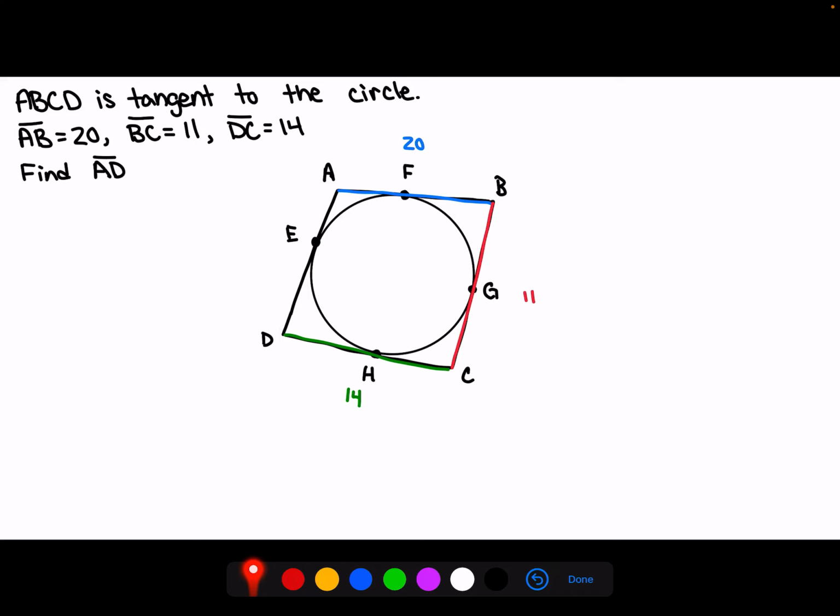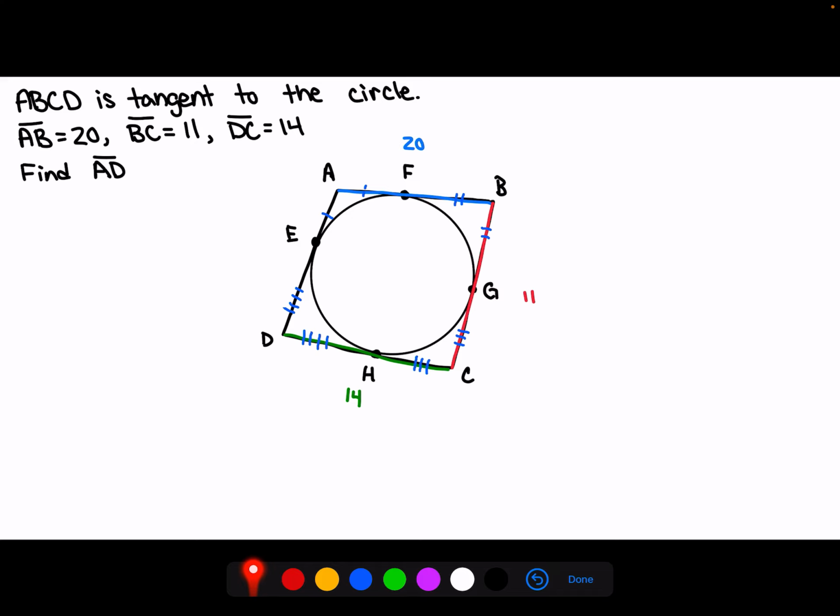First thing I'm going to do is call AE X. Let me draw my congruency marks on here based upon our tangent points. They share a common endpoint, and they're all tangent lines, so each corresponding part is congruent. AE is congruent to AF. BF is congruent to BG, and so on and so forth.